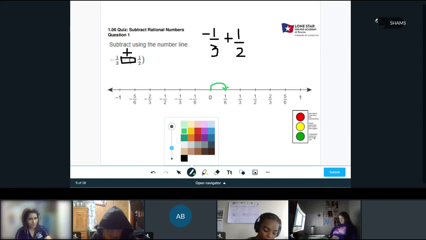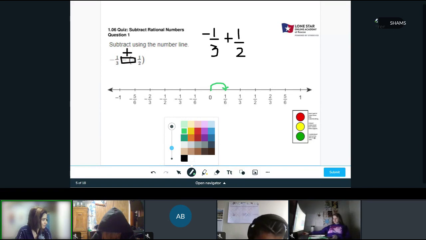Can you guys mark negative 1/3 on the number line? Go find and mark it. Let me see on your slides. Go mark negative 1/3. Very good, Grace, very good. Mark negative 1/3. This is where we start.